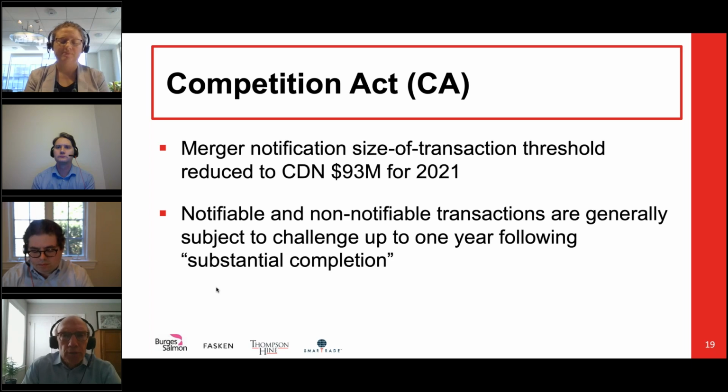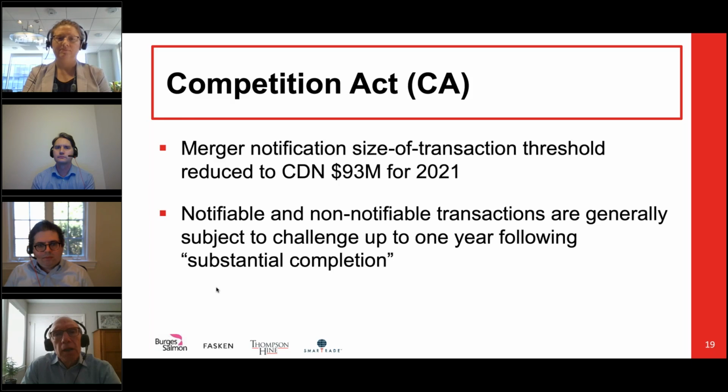That's a reflection of the slight contraction of the Canadian economy in the context of COVID. But I want to emphasize that non-notifiable transactions are vulnerable to challenge up to 1 year following their substantial completion.